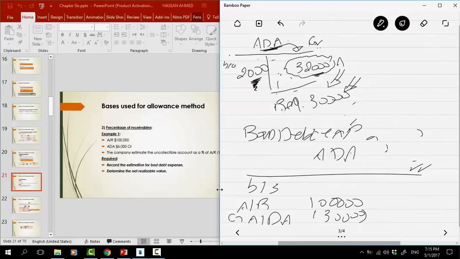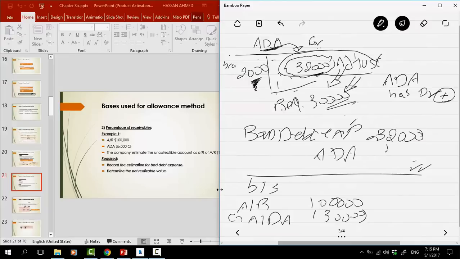Then we must make an adjustment with $32,000. If the ADA has a debit balance, we will add it to the required balance. Then the adjustment will be 32,000. Why do we record an adjustment of 32? To reach an ADA of $30,000.